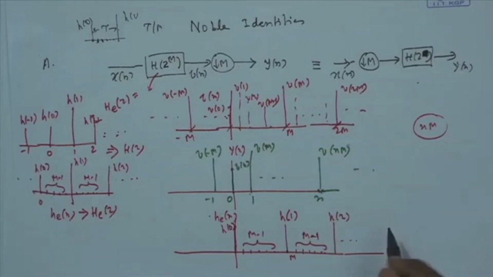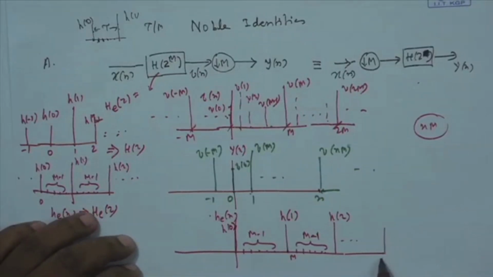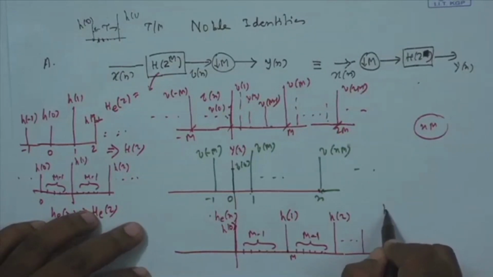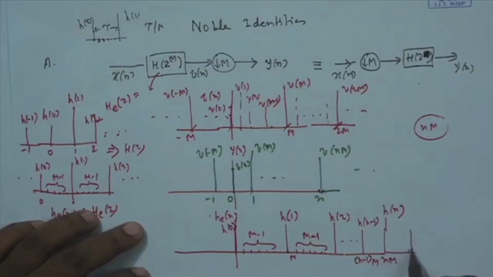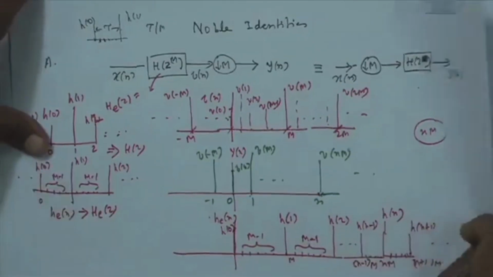In general, the n mth sample will be h n, n minus 1 m will be h n minus 1, n plus 1 m will be h n plus 1. So, there are zeros in between, all m minus 1 zeros. This is the expanded version.